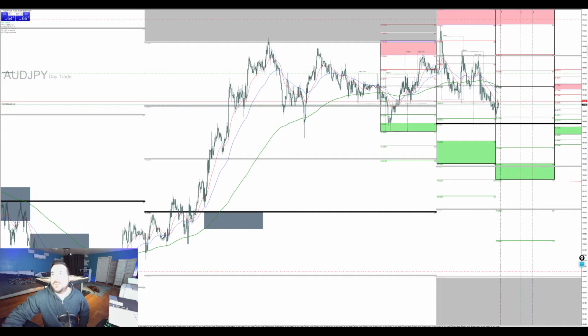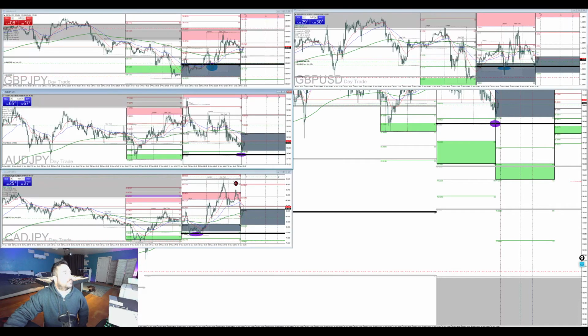This is a nice bounce that we're getting on the central pivot. Let's see if it stands through these sessions here. So let's go ahead and mark this out. This might be for a London session. Okay, we'll keep an eye on that one.